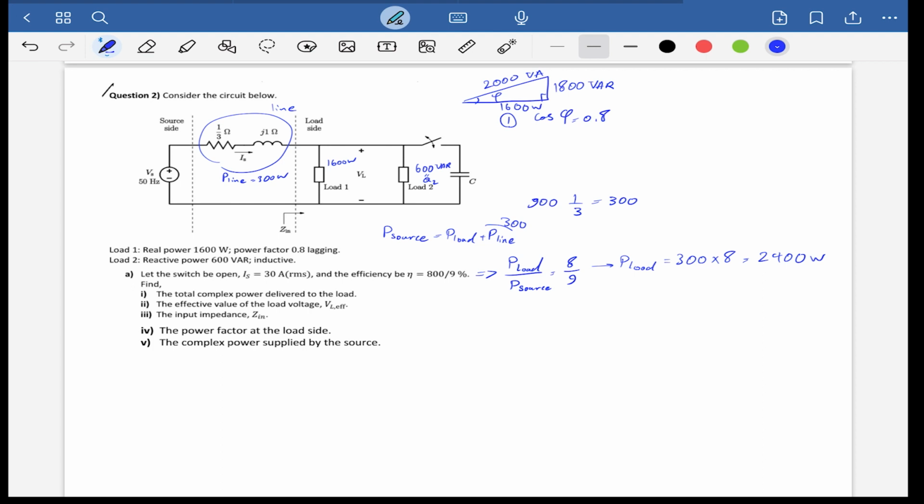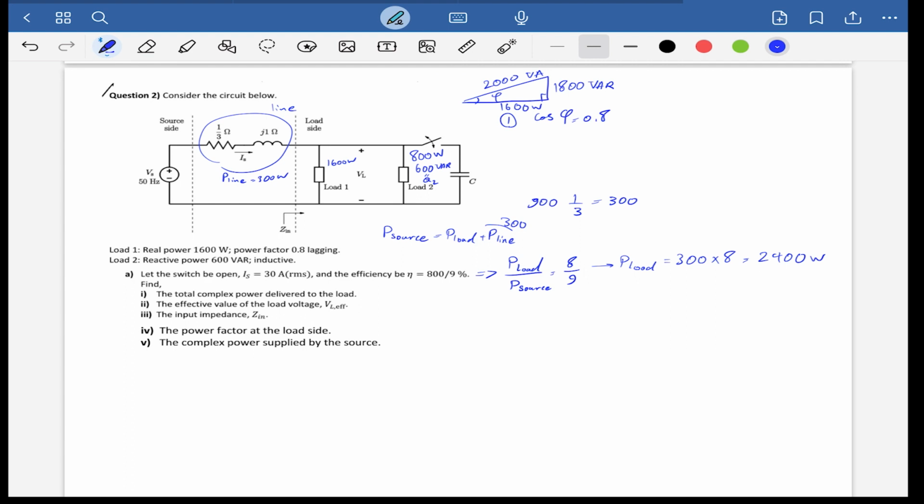So the overall load is 2400 watts. The load 1 has 1600 watts, so the remaining part, which is 800 watts, will go to load 2. Okay.